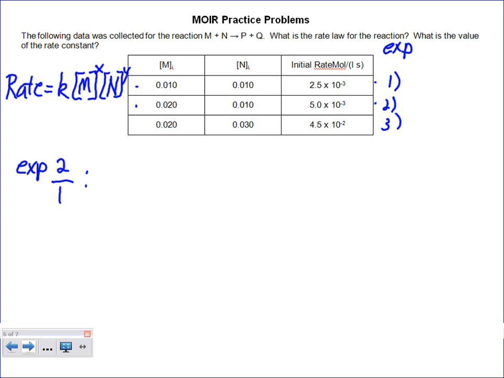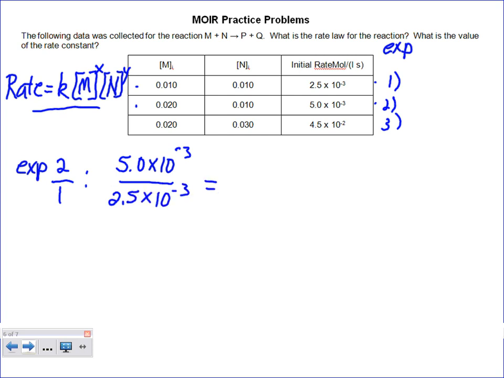When I set this up, my rate ratio is going to be 5 times 10 to the negative third divided by 2.5 times 10 to the negative third.